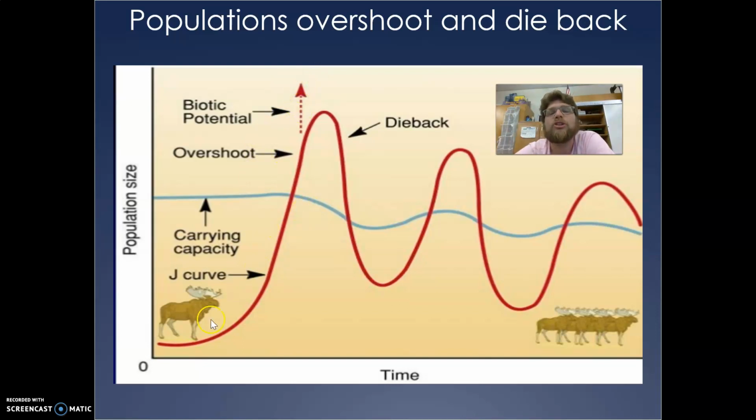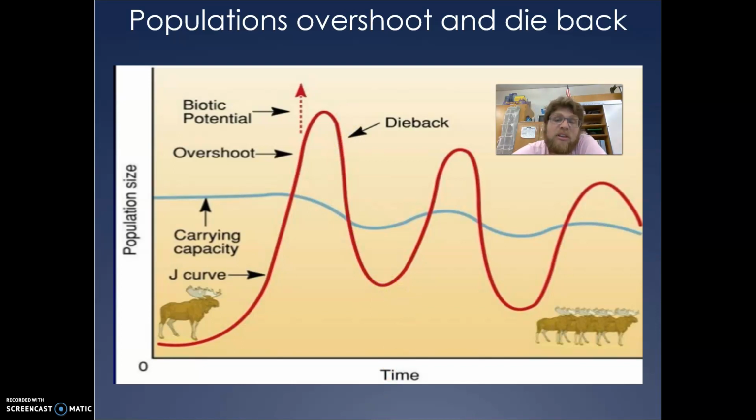We have this overshoot where exponential growth shoots past its carrying capacity. So say the population was right about here, and instead of starting to level off, since they are growing so fast, they just double and produce a ton of babies. And now all of a sudden, the ecosystem has more individuals than it can support. So a lot of those individuals die. And competition and starvation and all this stuff, predation happens, and boom, the population goes below its carrying capacity.